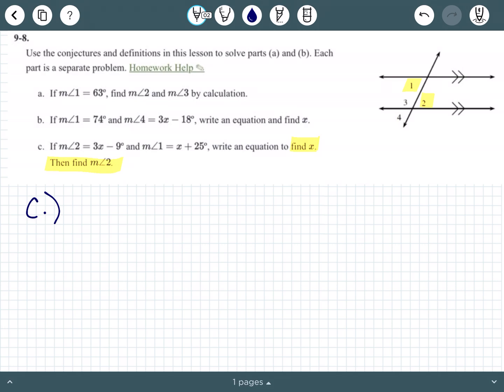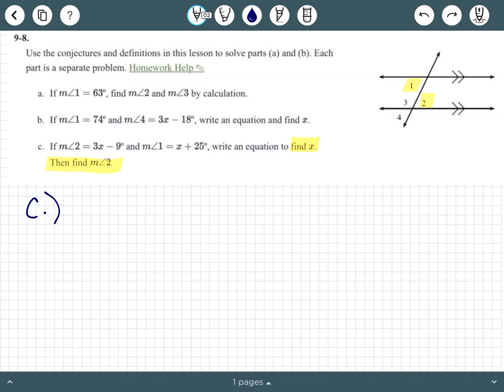Now, remember, my 1 and 2 are alternate interior angles, so they're on opposite sides of my transversal. So opposite, meaning the same as alternate, and they are on the inside or the interior of my parallel line. So alternate interior angles have equal measurements.